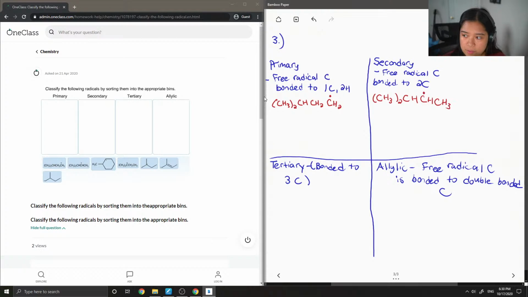Okay, so you'll see it's bonded to 2 carbons, 1 hydrogen. And then let's look at the third one. So the third one is also a secondary radical.